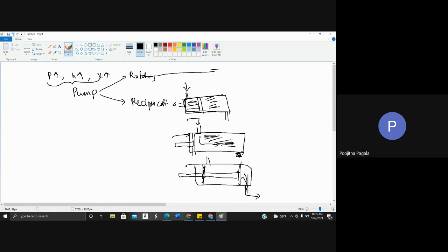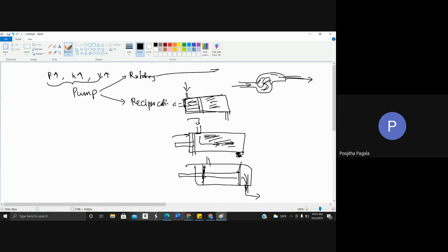Coming to a rotary pump. The best example of a rotary pump is our centrifugal pump, where we have an inlet, an outlet, and a rotor. Fluid enters, and because of the spinning rotor, the energy of the fluid is increased and it is sent out.